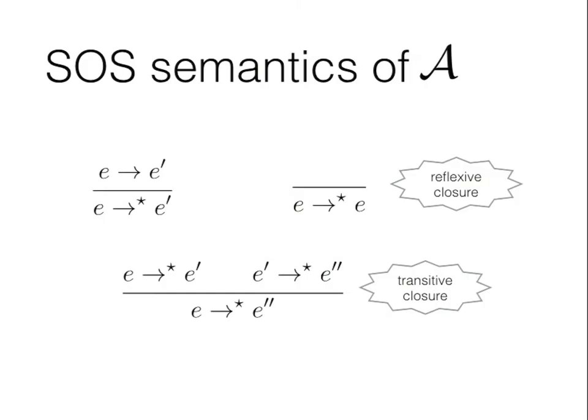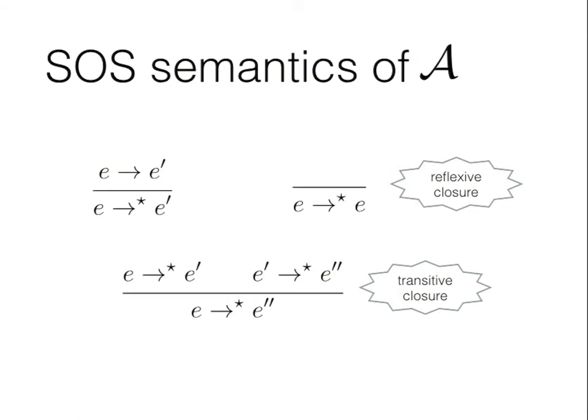Okay, and then we can define in terms of the one-step relation something like takes 0 or more steps. What this star means is that this is a relation that's derived from the one-step relation that says in 0 or more steps I get to this thing. So if you can get there in one step, you can get there in 0 or more, and in 0 steps you can get to yourself.